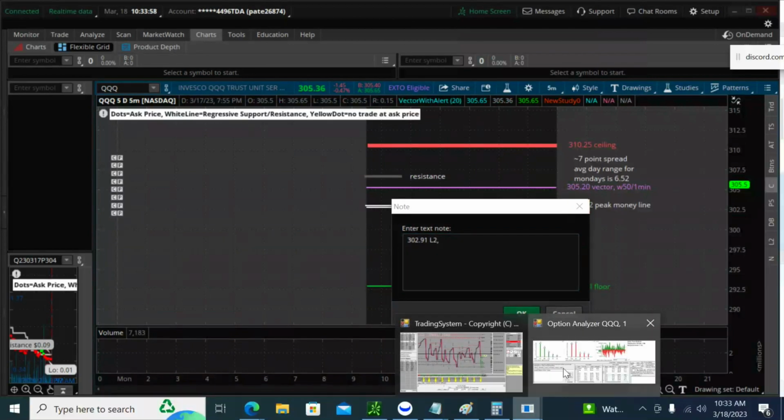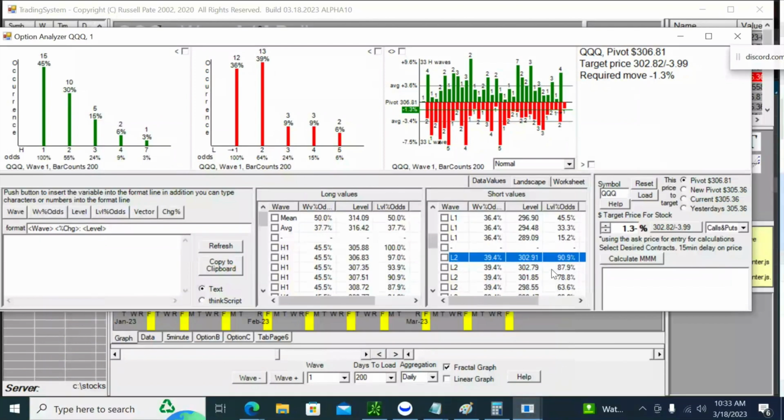And then on the thing, what does it say? So our odds of hitting it, so these odds are based on the L2s. So if we do move to an L2, we have a 90.9% chance of hitting that level in L2. That doesn't mean overall we have a 90.9%. It just means in this bracket of L2s.